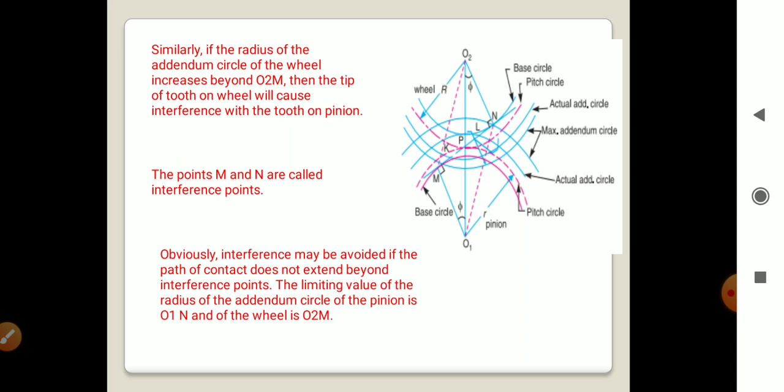The limiting value of the radius of the addendum circle of the pinion is O1N, and for the wheel it is O2M.